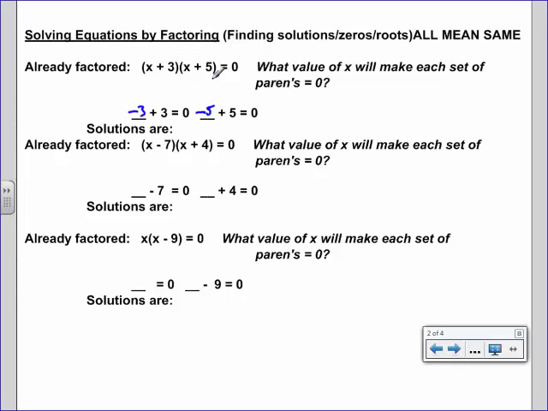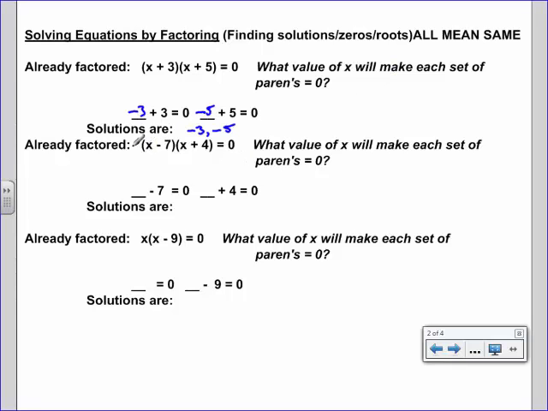So the solutions are negative 3 and negative 5. So what we had here is a form that was already factored, so we didn't have to show the factoring step first. So you found what is known as the solutions, or depending on your text and use, they also refer to them as the zeros or the roots. They all mean the same thing.